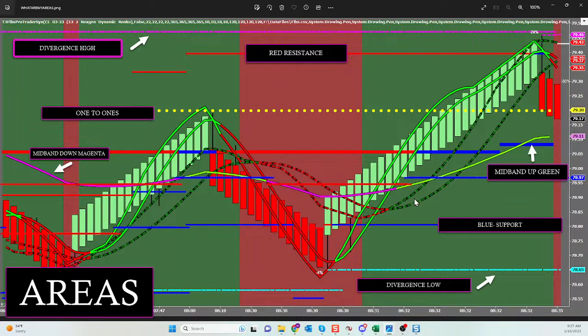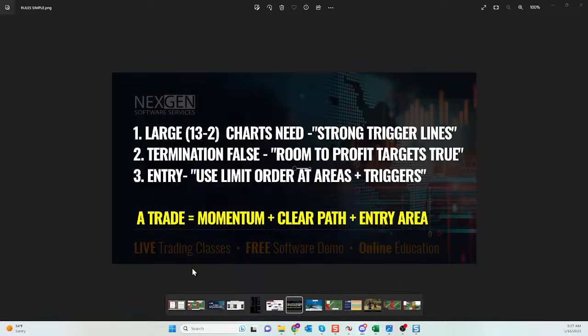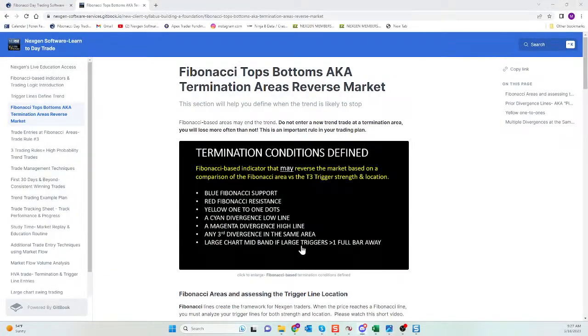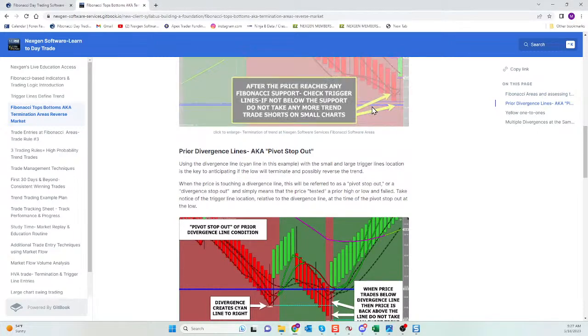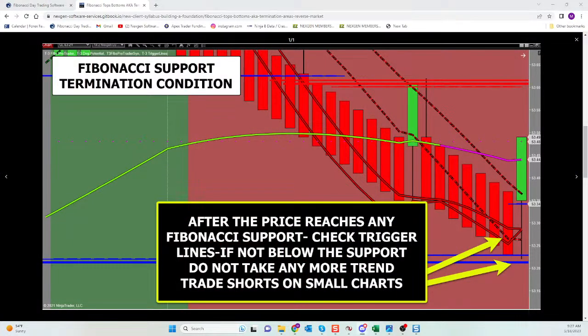These are all areas that may terminate a trend, guys, but there is a two-part recipe to determining whether or not you have a clear path. And it starts with price reaching the area. And I'm going to put it in all caps in the room.